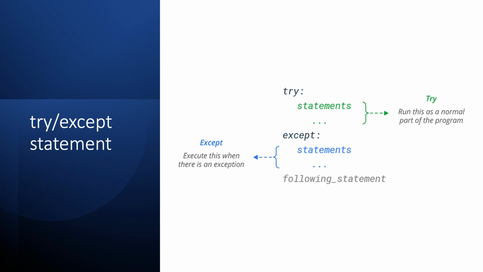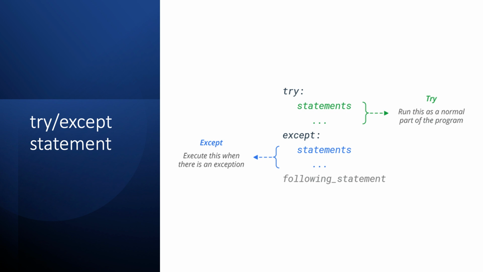Now, what happens if our code encounters an error? Well, that's where the except block comes in. If any statement within the try block causes an error, the flow of execution immediately moves to the except block. Here, we can handle the error, we can log it, or take corrective action without stopping the program abruptly. So for example, if we try opening a file that doesn't exist, the try block will raise a file not found error.